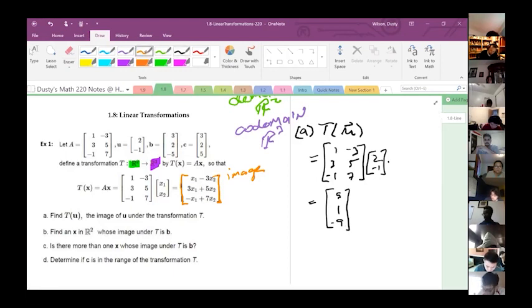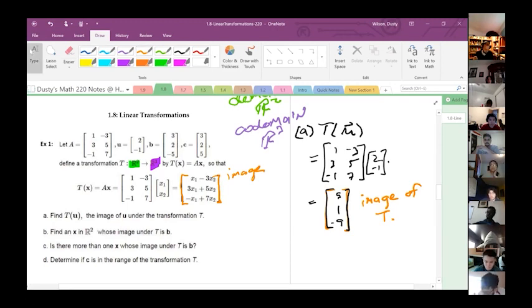All this stuff is the image. The image is like the y values in our old world.